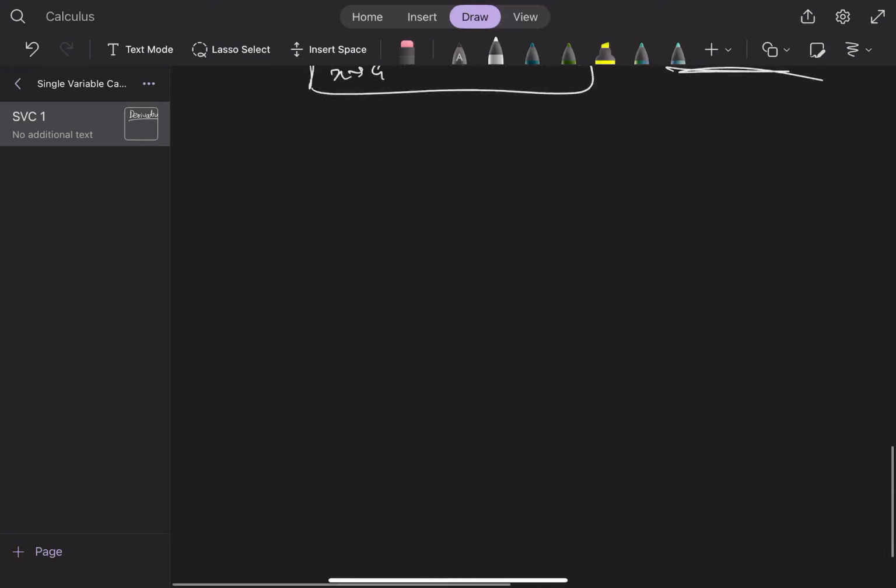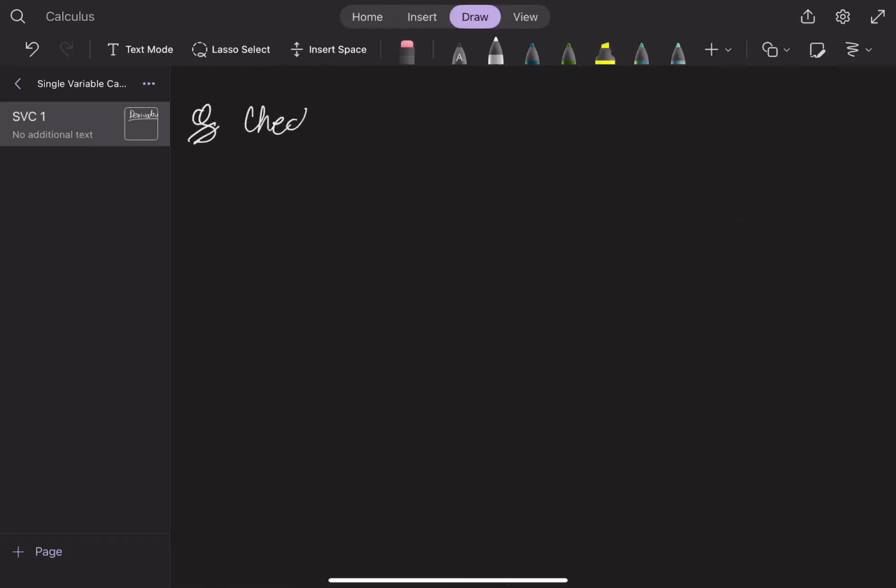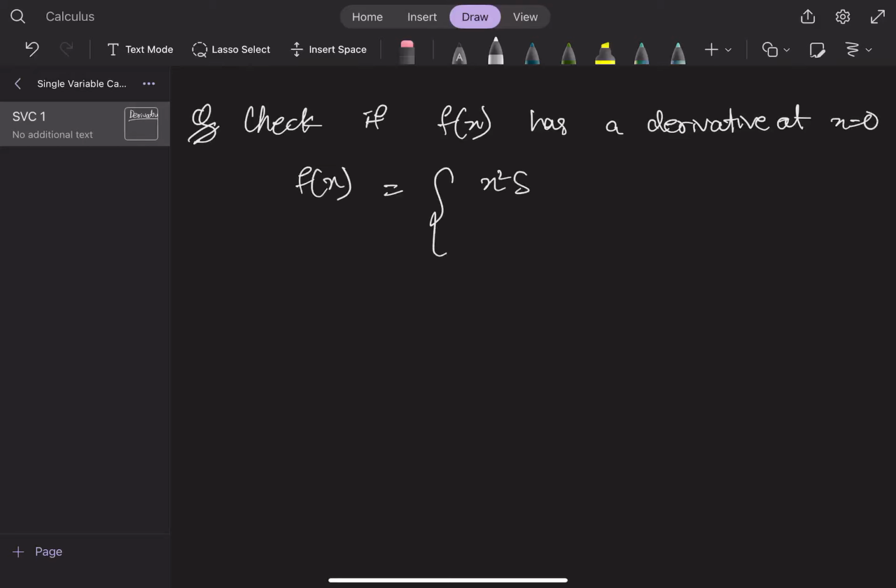Now let's look at a question. Check if f(x) has a derivative at x is equal to 0. So your function will be given to you like this. It might be in parts. So your function is given that when x is 0, the value of the function is 0, and when x is not 0, the value of the function is this.